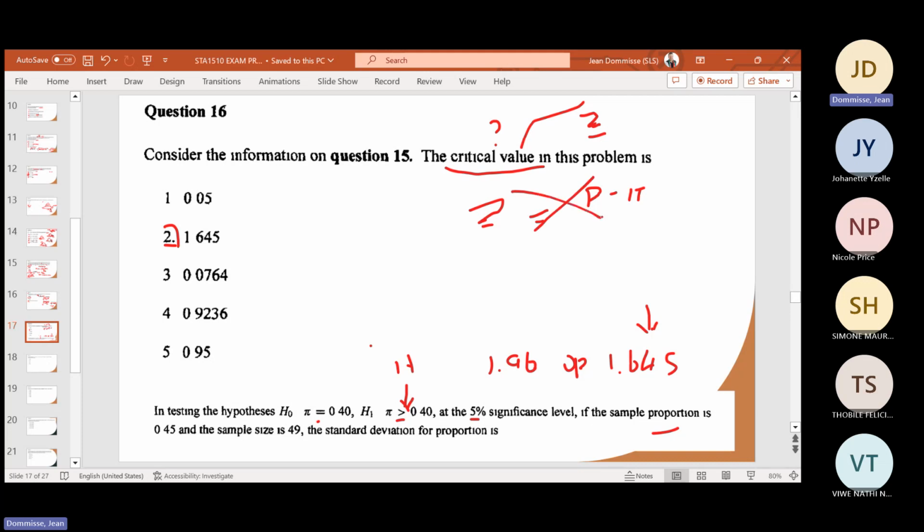Be careful and remember the difference between the critical value and working out the test statistic. Write that small table down somewhere and have it with you, so that you know when you are working with 90, 95, and 99%. Those are the things that you need to know.